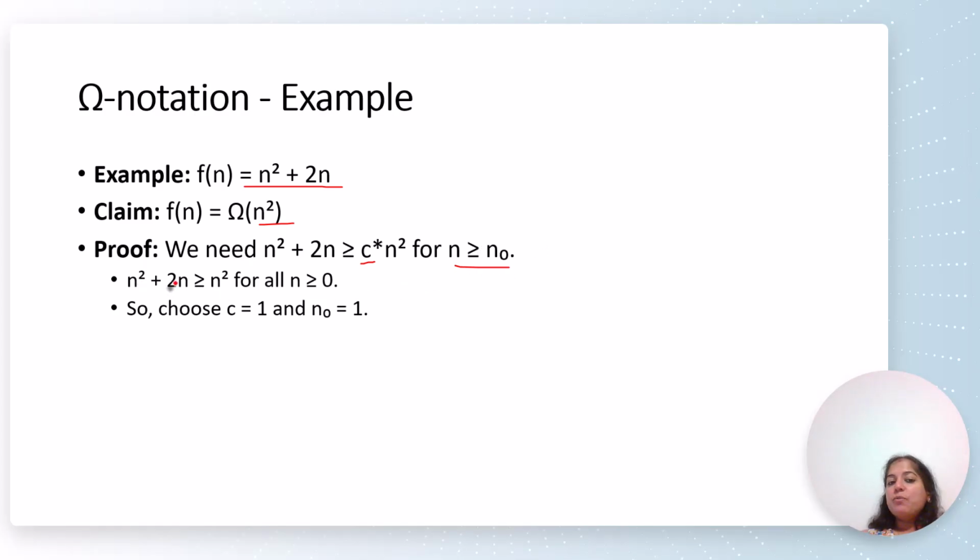Now, n square plus 2n is greater than or equal to n square for the value of C as 1, for all n greater than or equal to 0, right? So we can choose C equals 1 and n naught equals 1. Since these constants exist, we say that yes, this claim is correct.